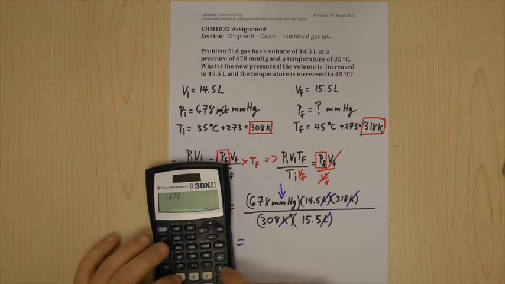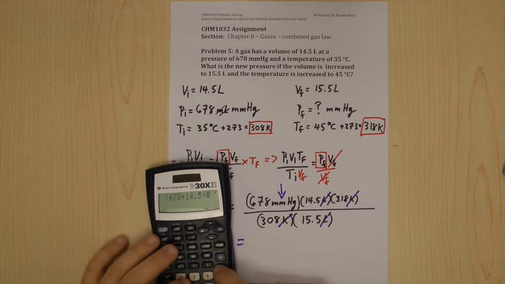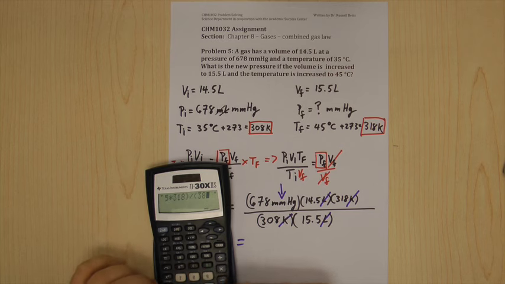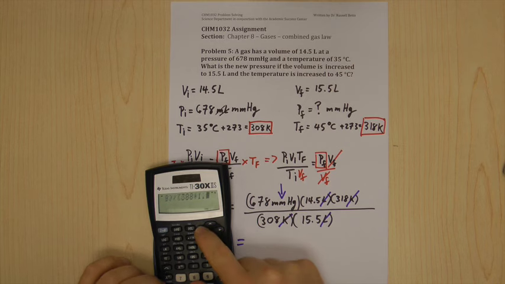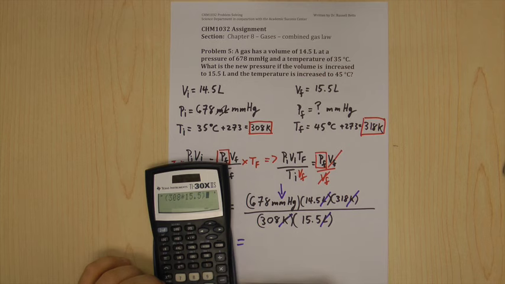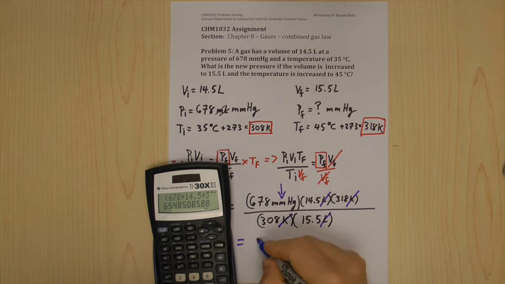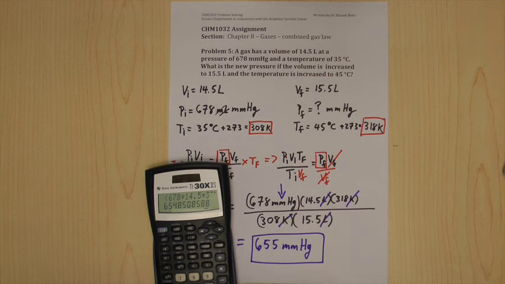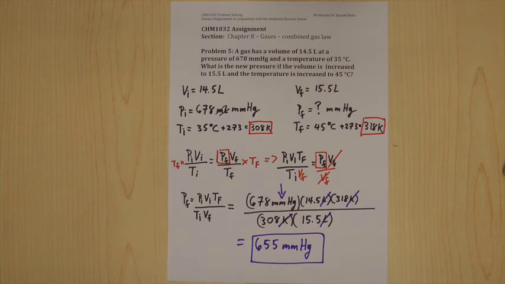So 678 multiplied by 14.5 multiplied by 318 divided by 308 multiplied by 15.5 equals 655 millimeters of mercury.